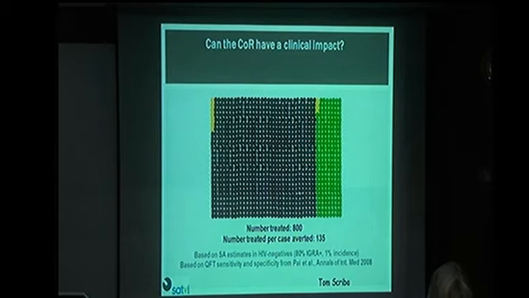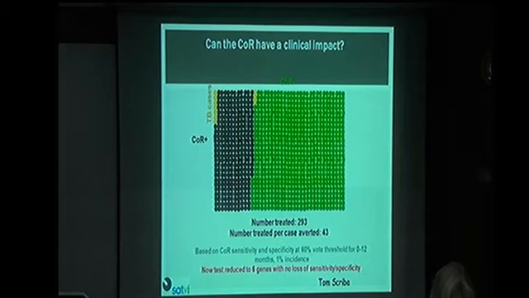So they treated 800, had to treat 135 to avert one case. Here they're only treating 243 people, and they averted one case per 43 people. So they've basically gotten about a 3 or 4-fold better reduction in who they think they should treat.